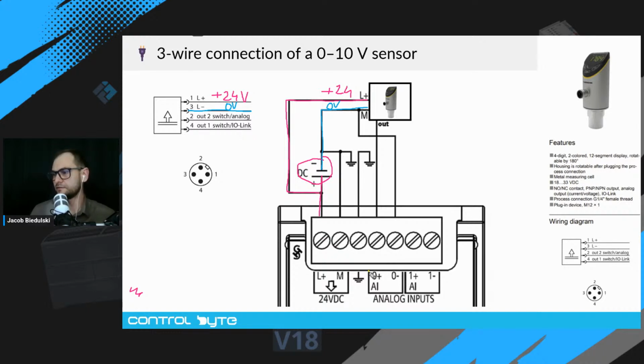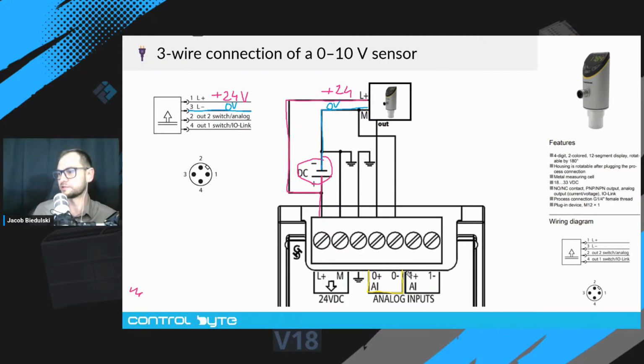So here we have the analog channel of number 0. They are numbered from 0 to 3 for this module. So this is the channel of number 0, and this is the channel of number 1, okay?